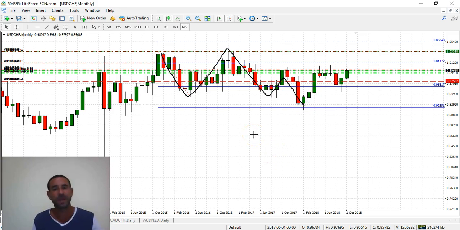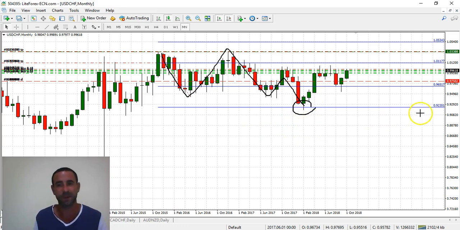Actually, the edge of the third leg, when it touched base so nicely here on my bottom key level, which was 92.35, definitely convinced me that the setup is highly, highly valid, right? And I should trust it, because price just proved that it is trustable. So I started to follow the next upside move.